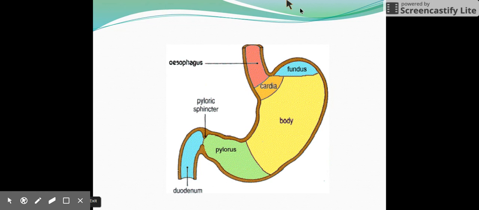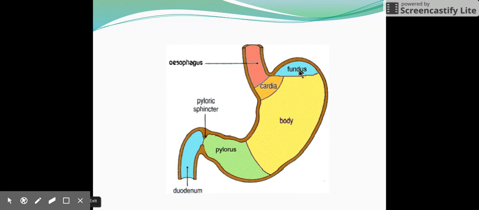So, stomach. The esophagus comes down here and we have those wave-like contractions pushing that food down. Now, the stomach actually begins at a sphincter called the cardioesophageal sphincter. Then you have the first section of the stomach, which is called the cardia.